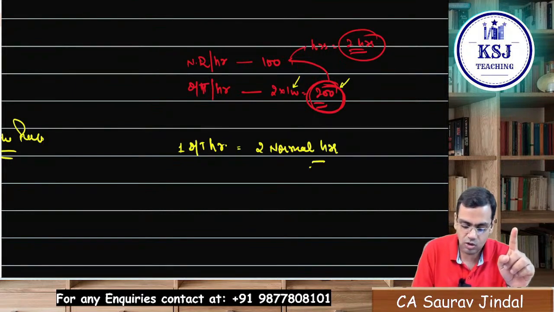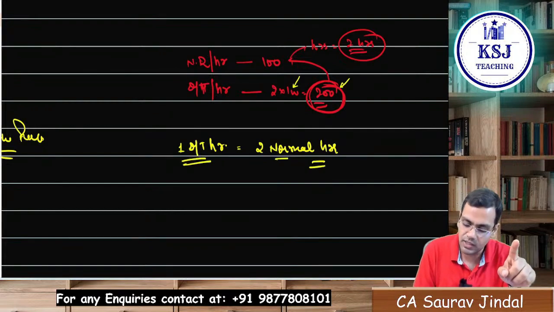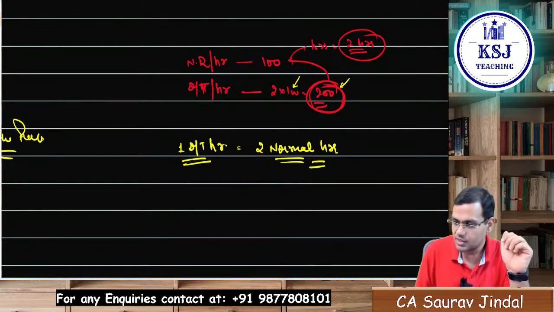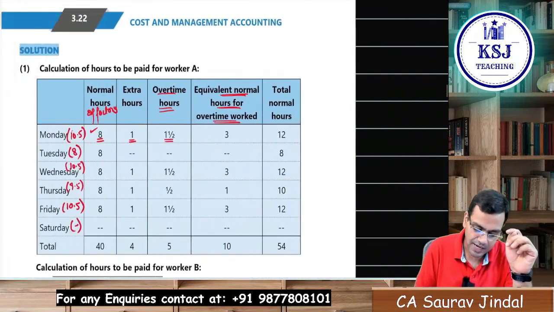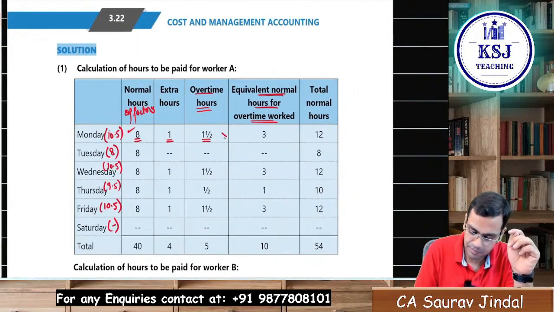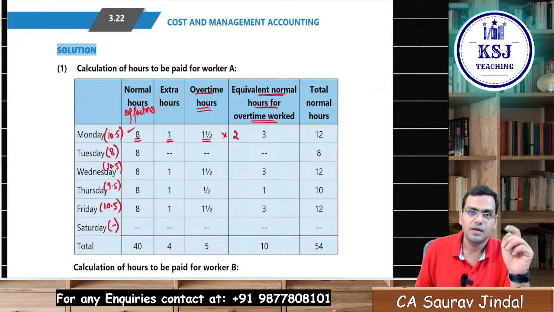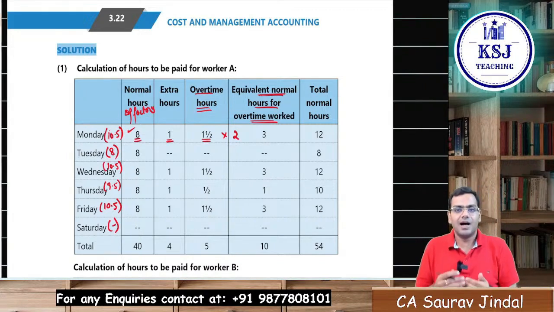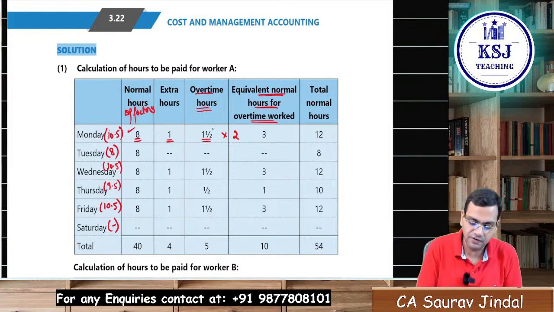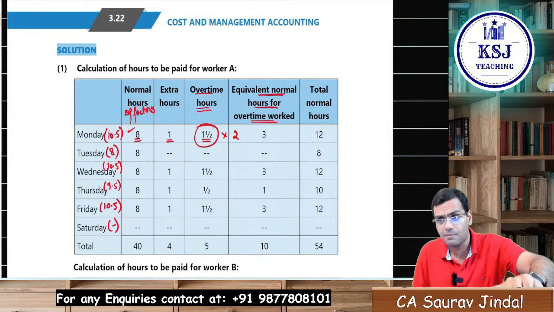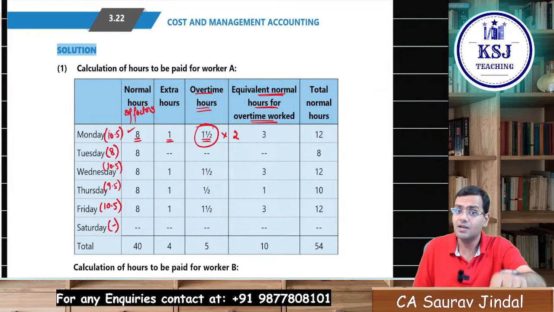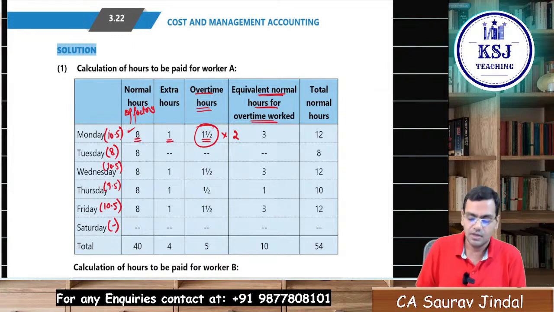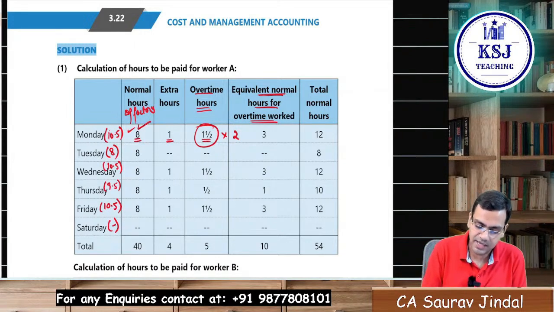So 1 overtime hour is equal to 2 normal hours. That is how this has been multiplied by 2. 1.5 multiplied by 2 is 3 normal hours. So total normal hours is 8 plus 1 plus 3, 12 normal hours.